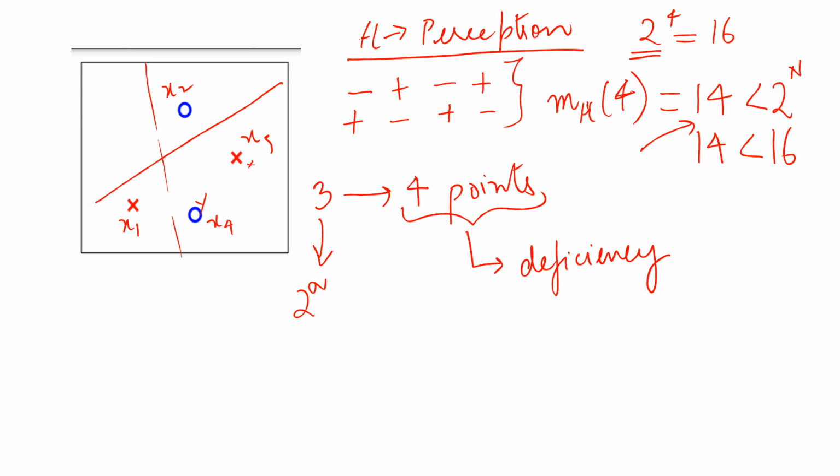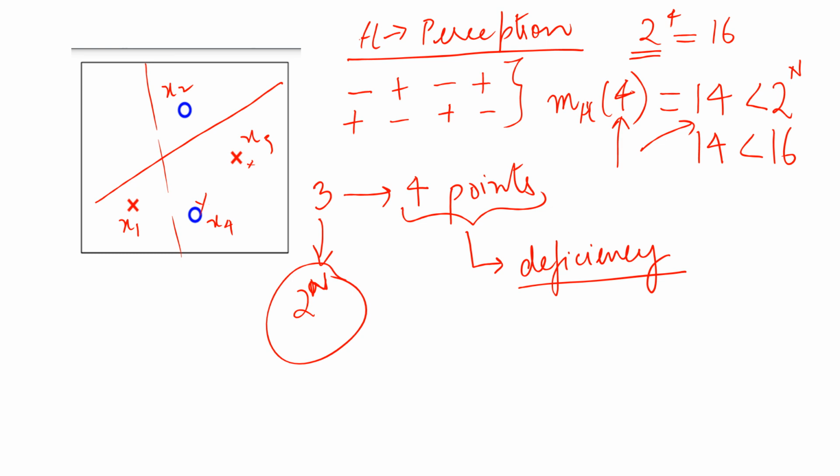This tells us that the effective number of hypotheses is, in most cases, not in all cases, less than this 2 to the n that we came up with in the previous video. That's the first point. The second point is that it depends on the hypotheses and my n, on how this deficiency plays out and how much it plays out. That is going to be an important part of our analysis going further. The other thing is that the value of n that creates this deficiency is important.